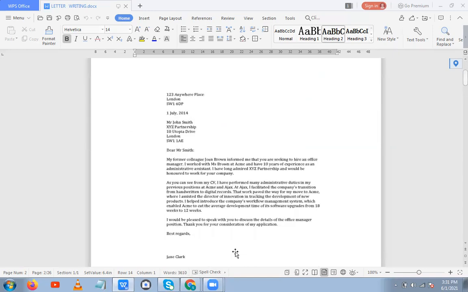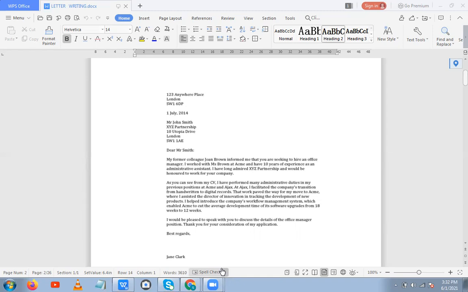Like, see, this is the block style. Now you see nothing in the right or the center. It starts with the left side. It ends with the left side, with the left. And you see the letter is very neat. It looks neat. And the paragraphs are separated by double spacing.